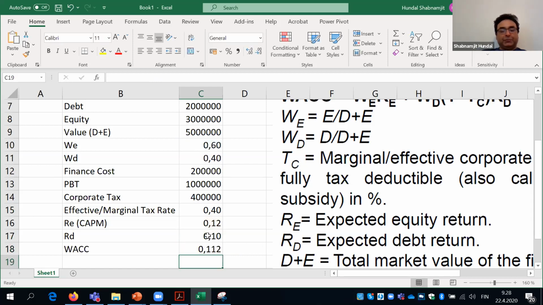And 11.2% is the result, the weighted average cost of capital.